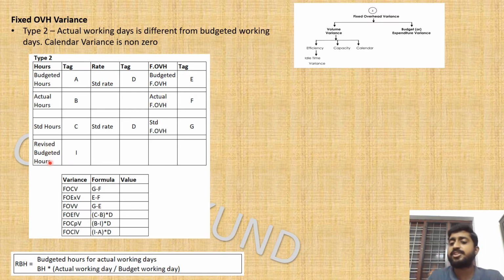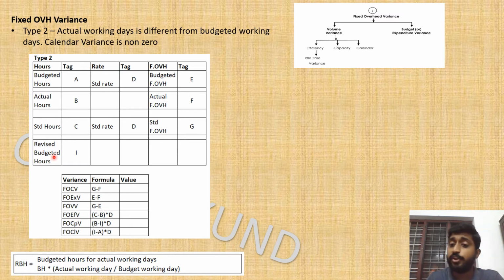So why is there a revised budgeted overhead? For finding the calendar variance and capacity variance, we need revised budgeted overhead. In type 1 also we calculated the capacity variance. There the working days are the same, which means revised budgeted hours is equal to budgeted hours. That's why the calendar variance is zero.